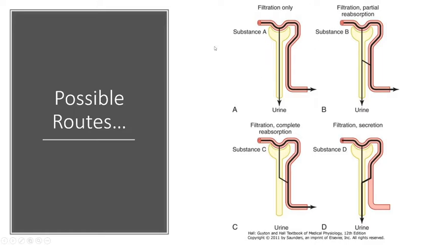So whereas a substance A will allow you to measure clearance, substance D, something that's filtered and secreted, will allow you to measure the renal blood flow to the nephrons by using the very similar equation that you would use to measure clearance. So that's something called PAH, or p-aminohippuric acid.